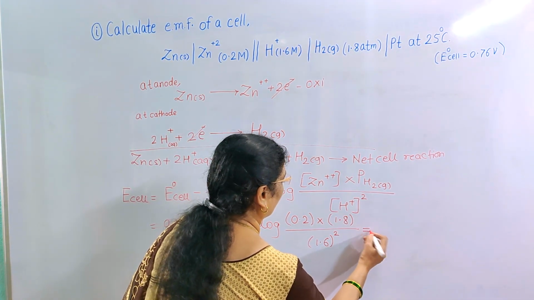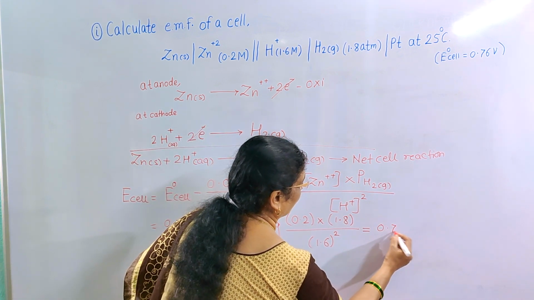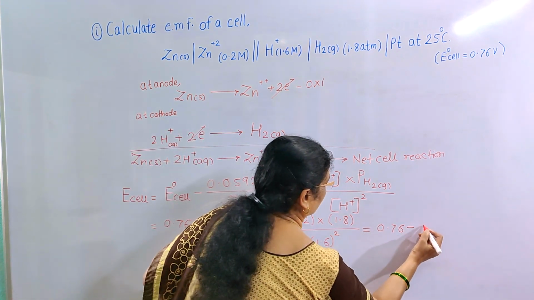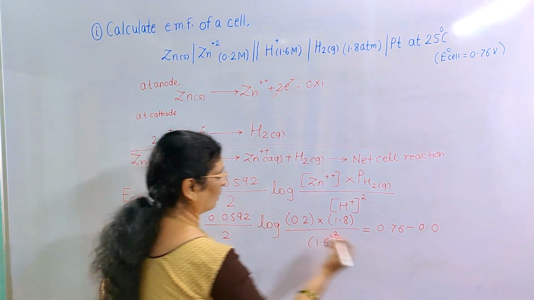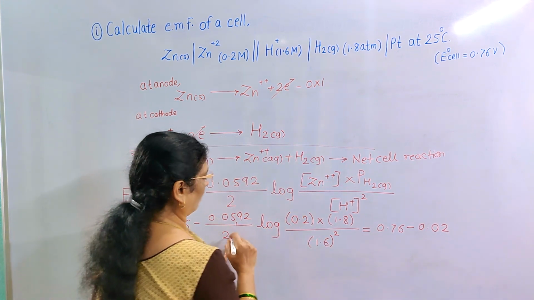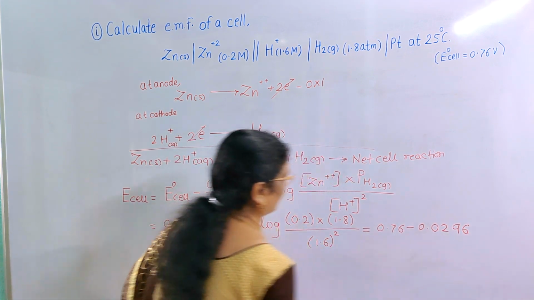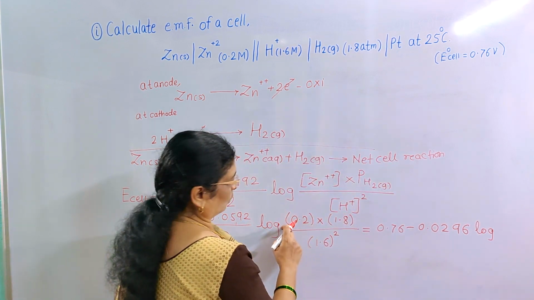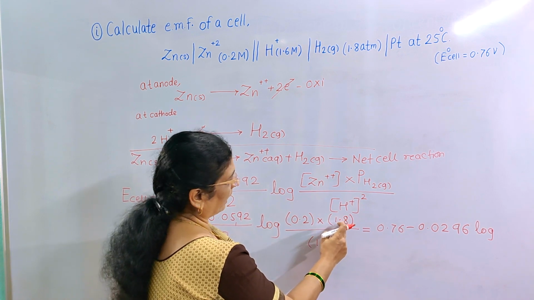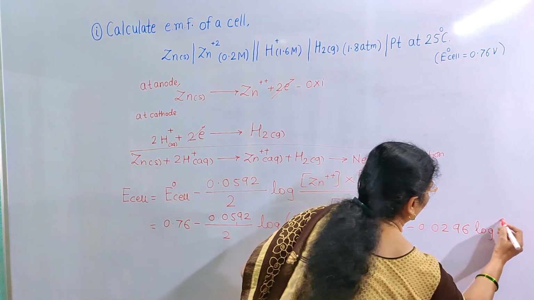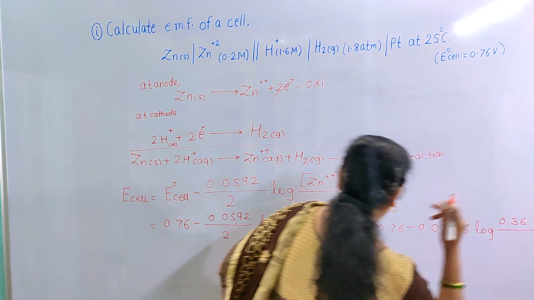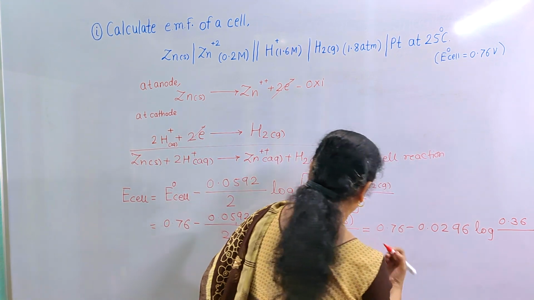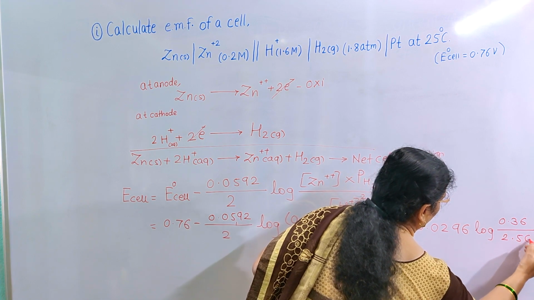Now substitute and calculate: 0.76 minus 0.0592 divided by 2, which is 0.0296, into log of 0.2 into 1.8. Two 18s are 36, so this value will be 0.36 divided by 1.6 squared. The square of 16 is 256, so the square of 1.6 will be 2.56.